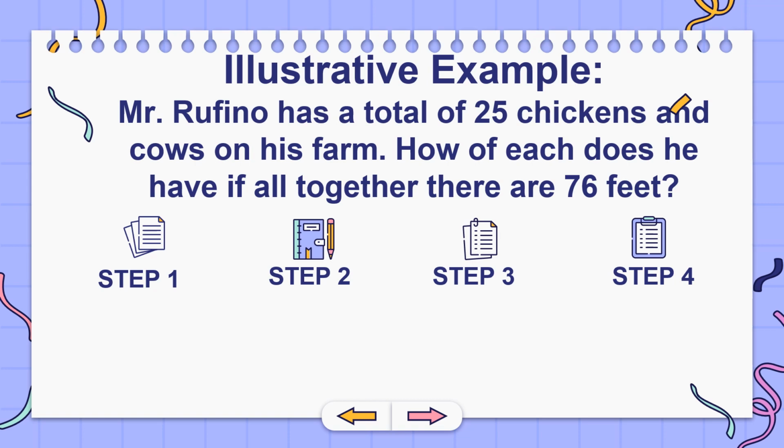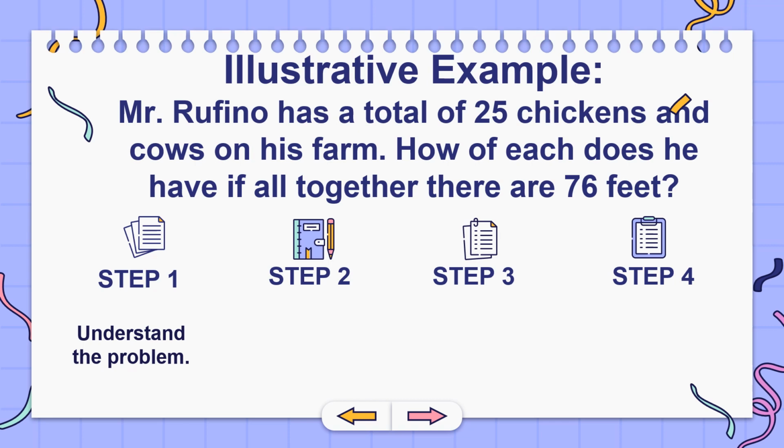So we are now going to apply the 4 steps made by Polya. Step 1, understand the problem. We are given in the problem that there are 25 chickens and cows. Altogether, there are 76 feet.